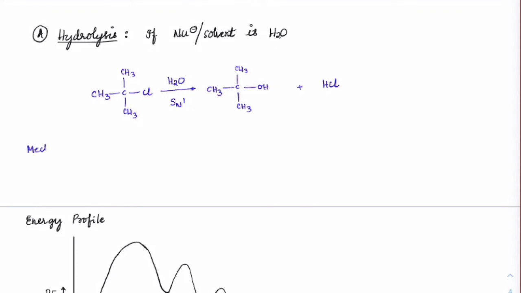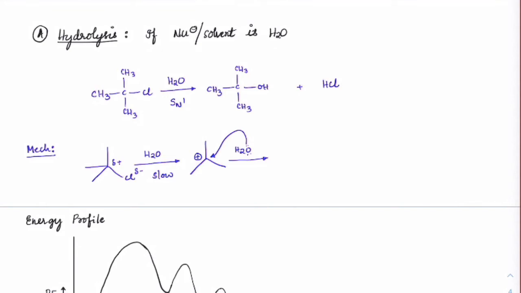If you see the mechanism, this is a chlorine which is reacted with H2O. So we know that first, due to dipole-dipole interactions, this bond will break, and this is the slow step. As it breaks, there would be a carbocation formation here. From the carbocation, water as a nucleophile will attack on it.